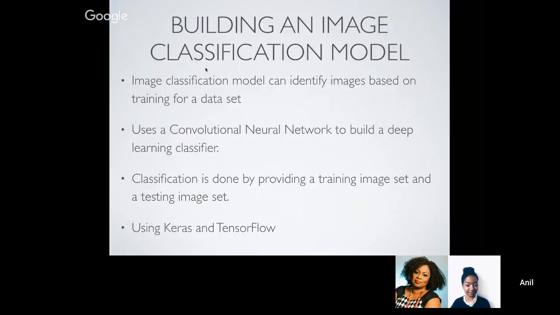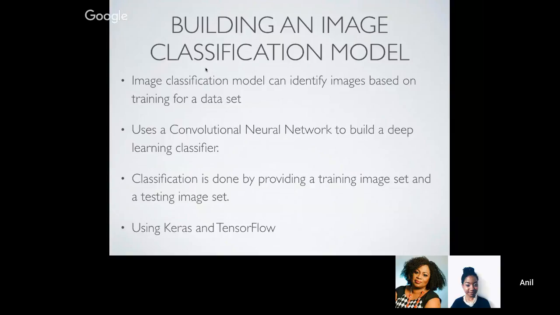We're going to create a data set and use that data set to train a model. We're going to use a convolutional neural network. So you're going to build a classifier, and when you send that model an image, it will determine whether or not that matches the type of image you specified.